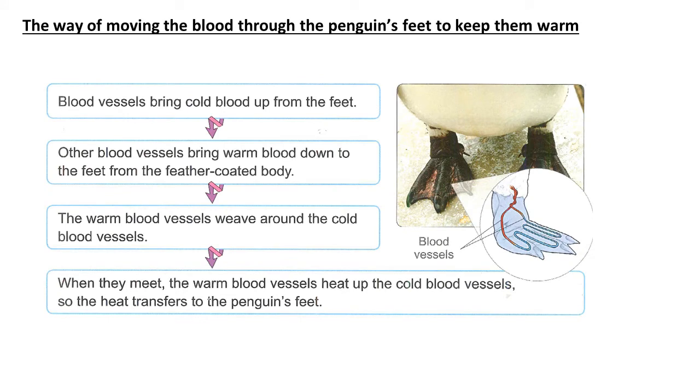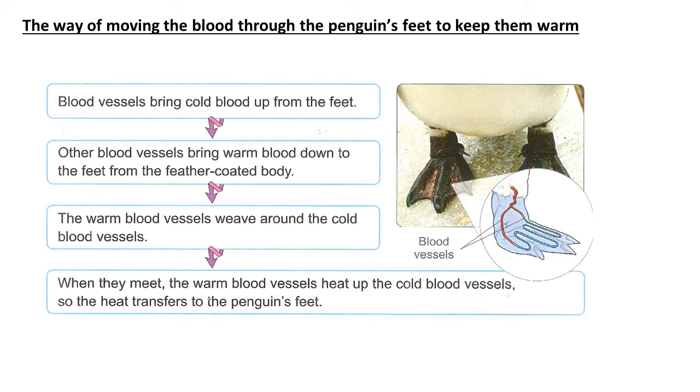The blood. The blood that moves in a circular path all over the body keeps the body temperature the same, or constant. That blood moves in tubes called blood vessels. The blood vessels in the penguin bring cold blood up from the feet. Other blood vessels bring warm blood down to the feet from the feather-coated body.